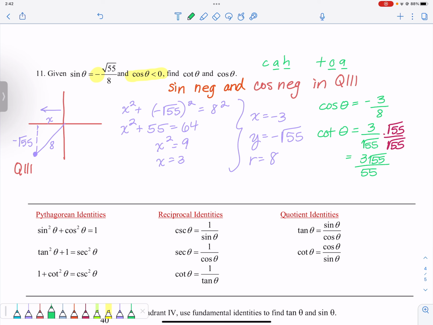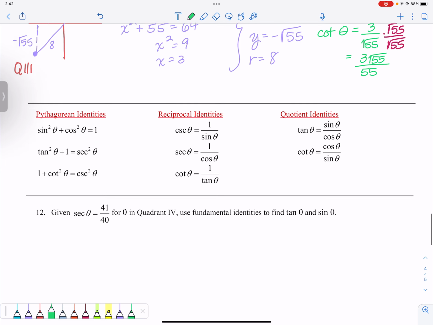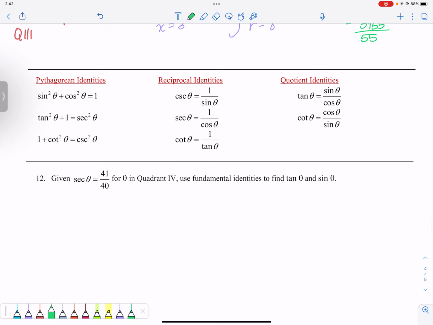Okay. Let's review some identities. We have gone over all of this, but I'm just going to make sure that you review these. And we talked about the sine squared plus the cosine squared is equal to 1. This is very useful. This one you won't see too much, the cotan one, but what do you notice?